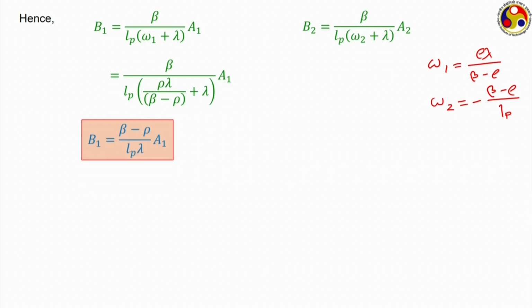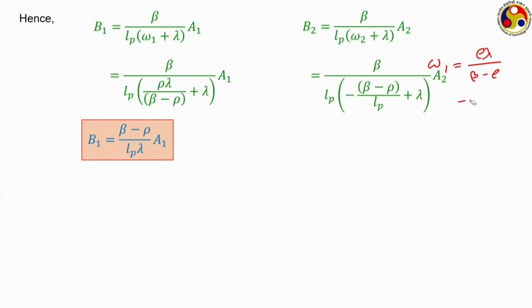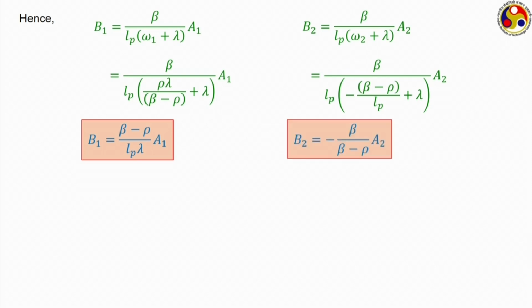So, B1 simplifies to beta minus rho by LP lambda into A1. Similarly, putting the expression of omega 2 into this, let me erase these writings from here as they are overlapping. So, putting omega 2 here, we have a relation between B2 and A2 as B2 equal to minus beta by beta minus rho into A2.